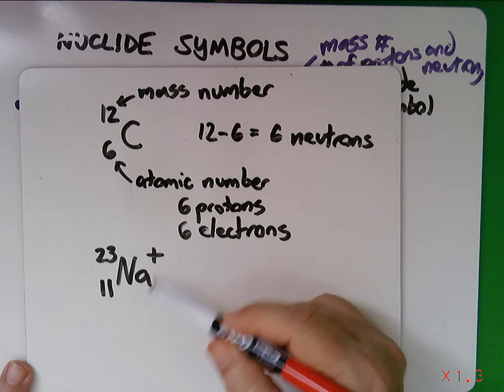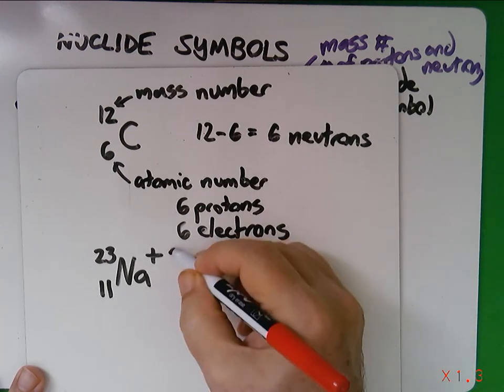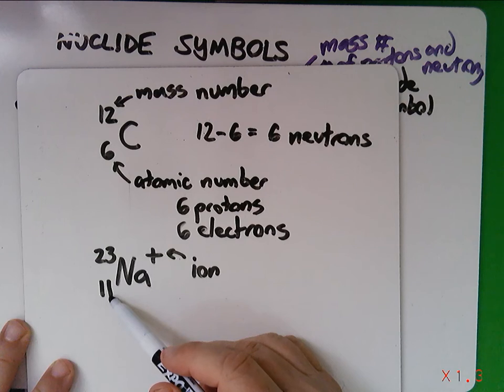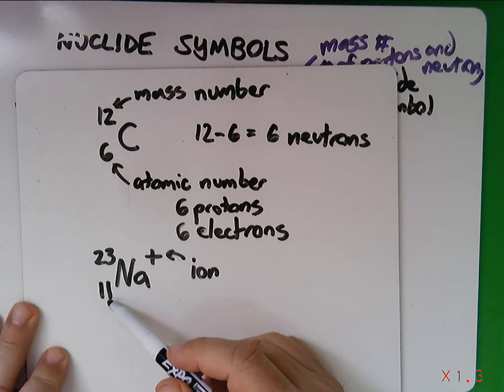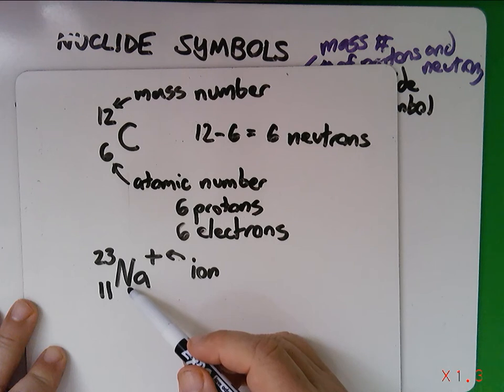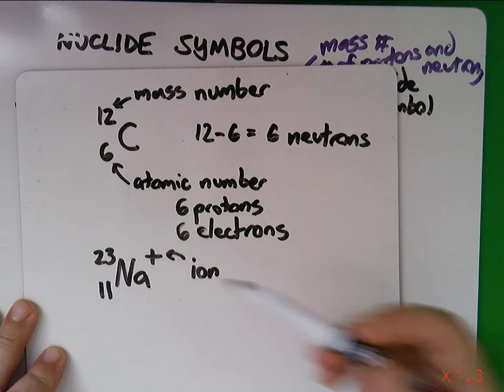So this is no longer an atom. It is something called an ion. An ion is something with a charge. And the charge indicates that there's a net positive 1 charge on this. And that means that one of the electrons must be missing. So for this to be sodium, it's got to have 11 protons in it. You can't change the number of protons, or it's not sodium anymore. But you can change the number of electrons, and if there's a missing electron, you'll have a net positive 1 charge.